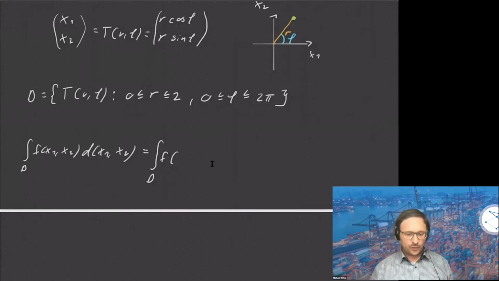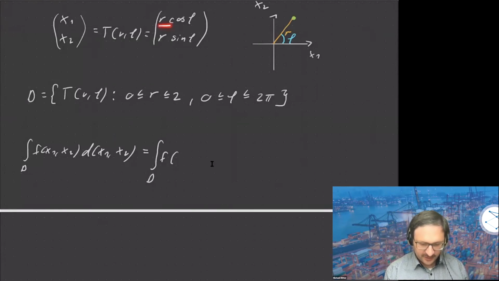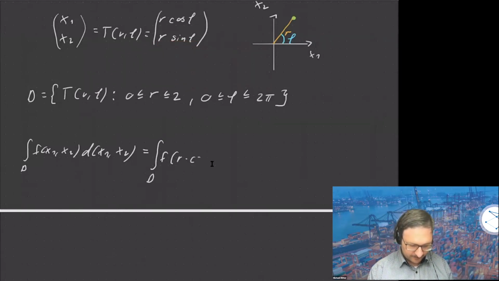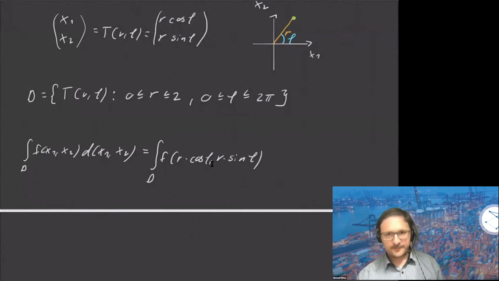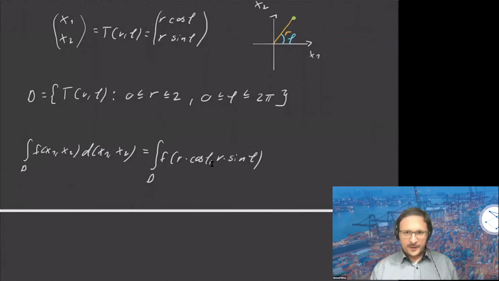So instead of x1, we substitute r times cosine of phi. And instead of x2, we substitute r times sine of phi. Like this. And then we have to also add a factor that somehow accounts for the change in volume that this transformation brings along. So that was the change of variables formula that we discussed in the lecture videos.